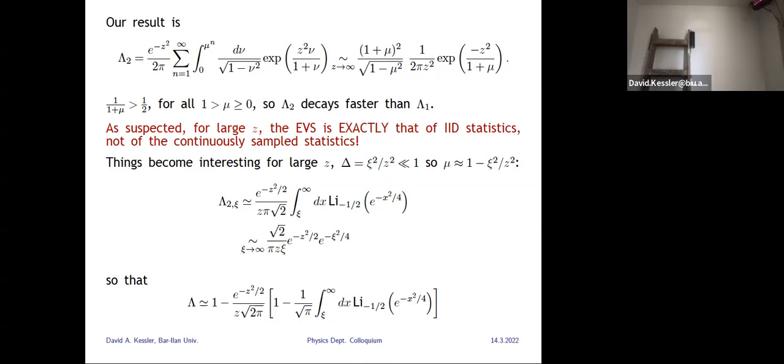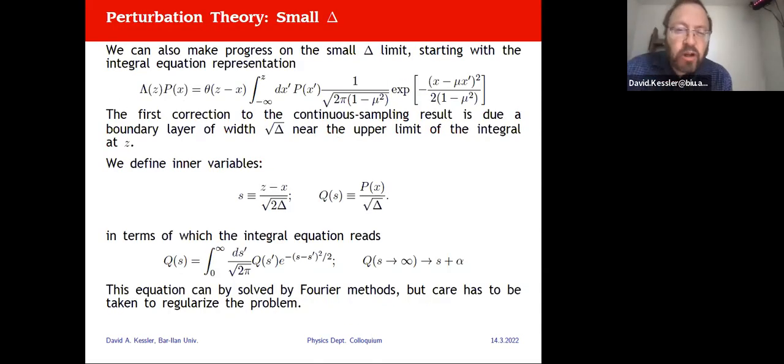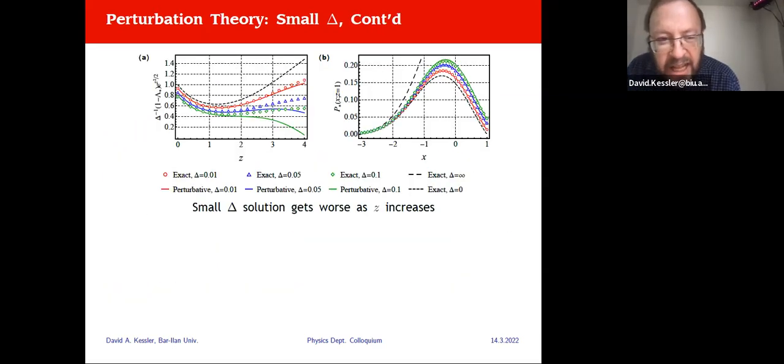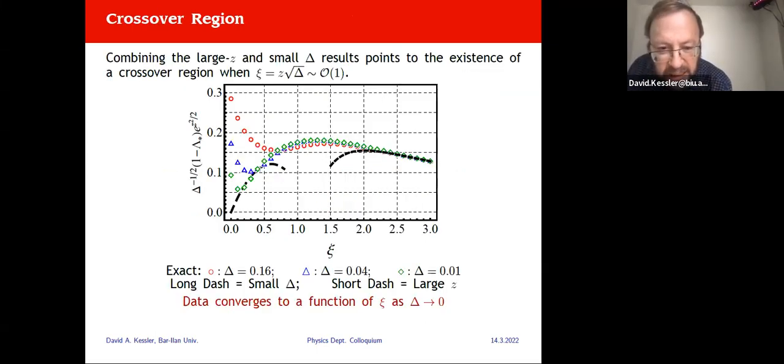And that correction is a function of this variable c, which is defined such that delta is c squared over z squared. It's a small number. And so you get that. And now you can also expand in the small delta limit. I don't have time to talk about it. And so in the end of the day, what you find out is that you've got a crossover behavior.